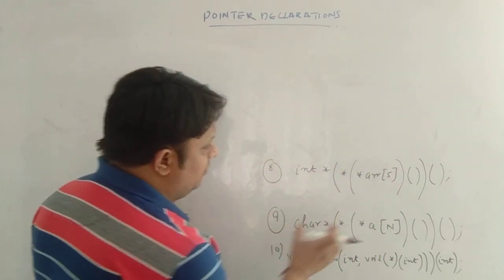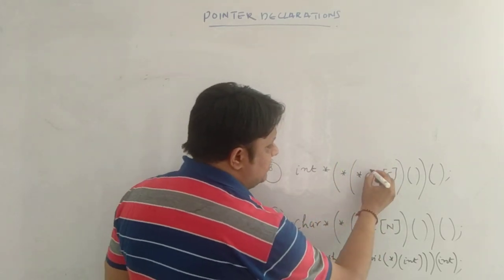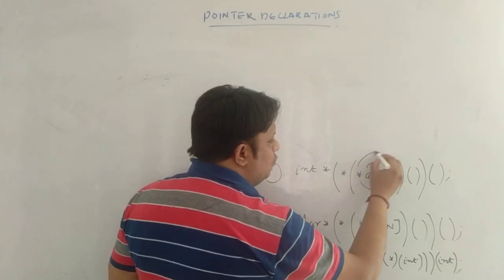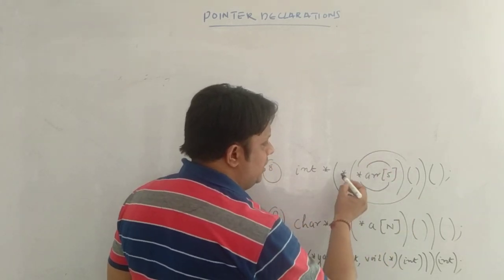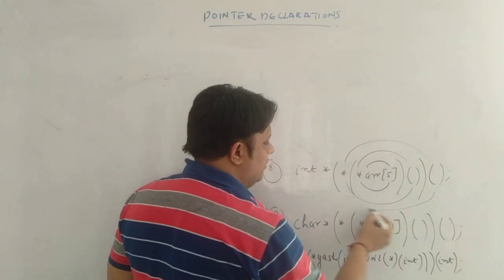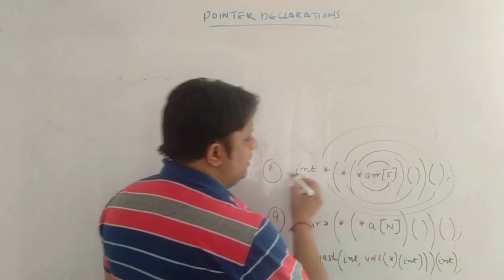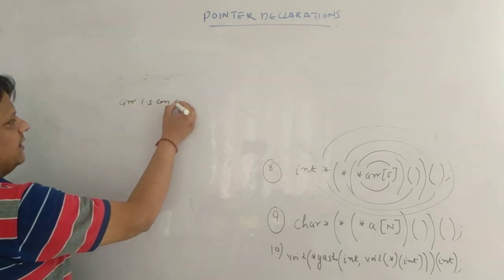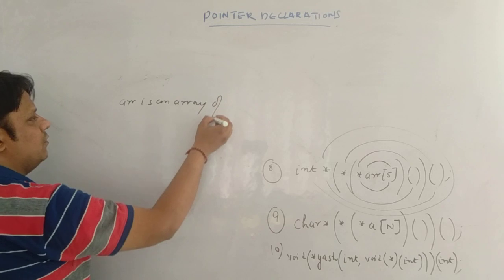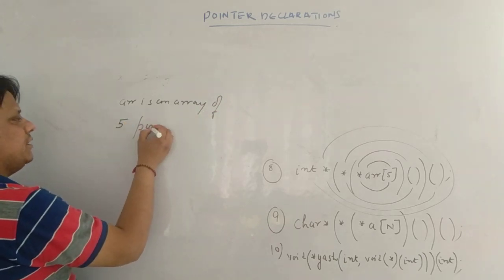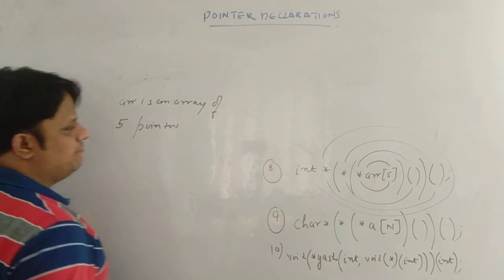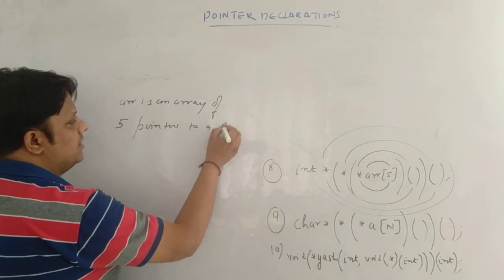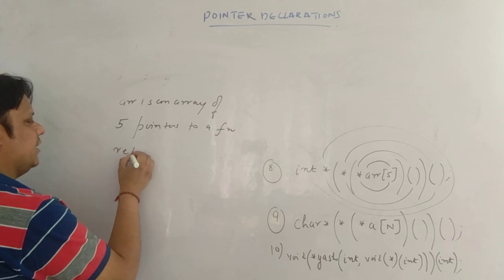Right. So now moving on to the next statement. This given one. Now how will you break this? How will you define this? So in this, ARR is an array of 5 pointers to function returning pointer to a function returning pointer to integer. So we write it as ARR is an array of 5 pointers, to a function returning.